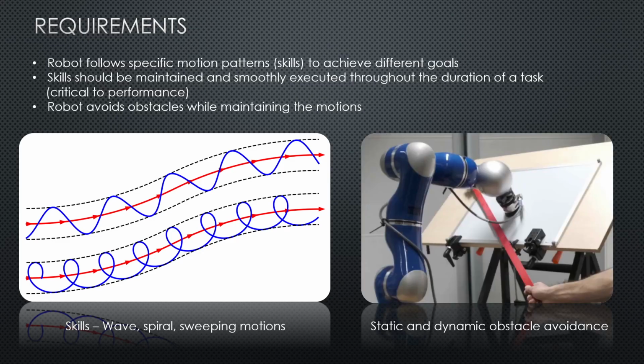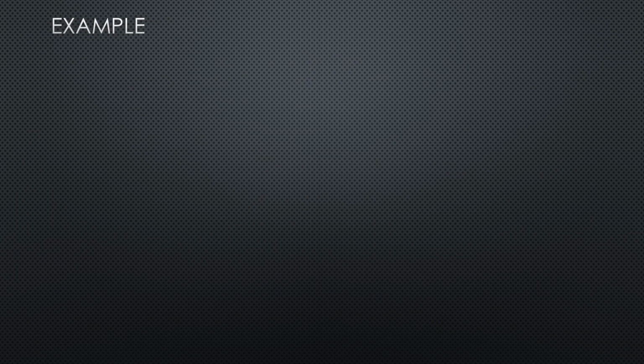And at the same time, obstacle avoidance needs to be done. The obstacles could be static, which means that the obstacles are fixed at a particular position, or they are moving. As in this case, we see that this particular ruler is being moved manually, and this is being considered as a dynamic obstacle to be avoided.